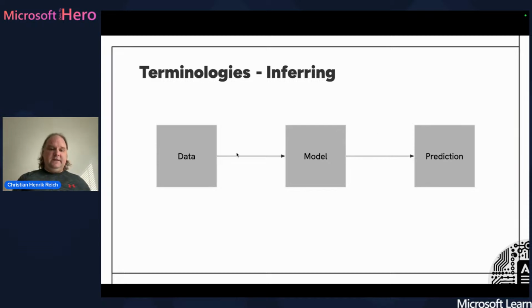Then we have data which looks almost like the one we trained with, and we are calling the model with that data. And then we get a so-called prediction. What comes out of a model is almost always called a prediction. And the whole process is called inferring. So when I say train and infer, it's like, okay, we are training the model, we are using the model.